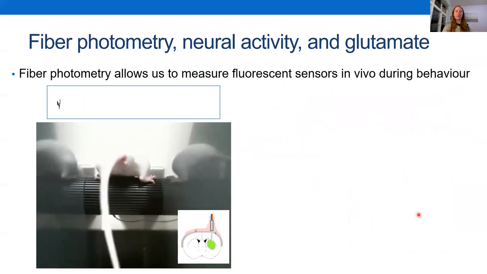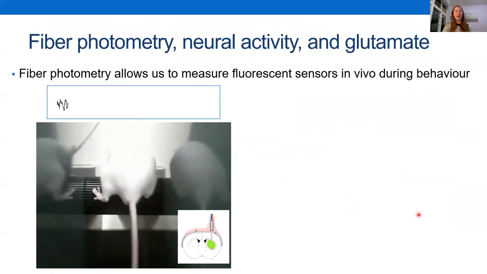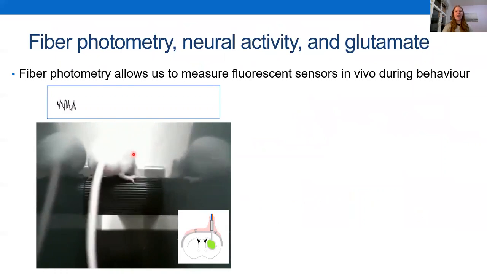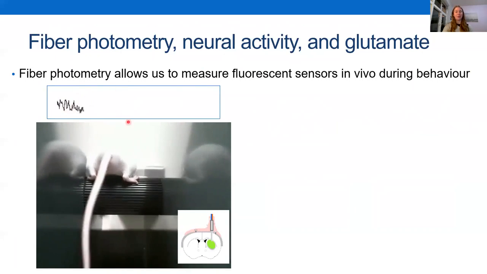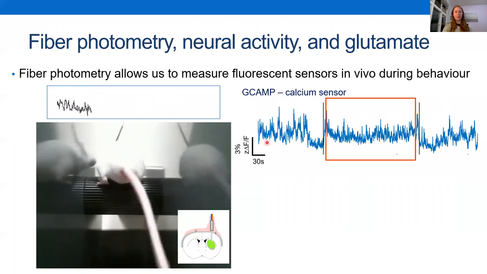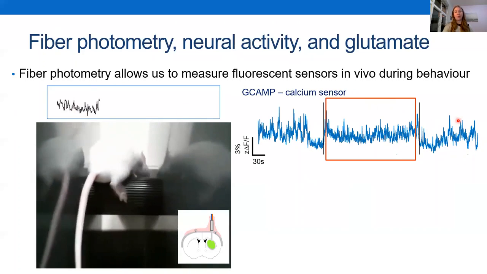So with fiber photometry, we can measure activity of fluorescent sensors during behavior. And in this case, this mouse is performing the rotor rod motor learning task, and we're measuring Gcamp activity in the dorsal striatum at the same time shown here. Here's an example of the activity before, during, and after an accelerating rotor rod trial.